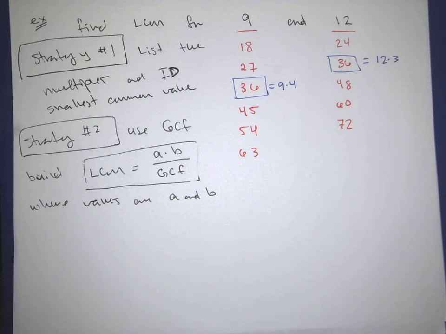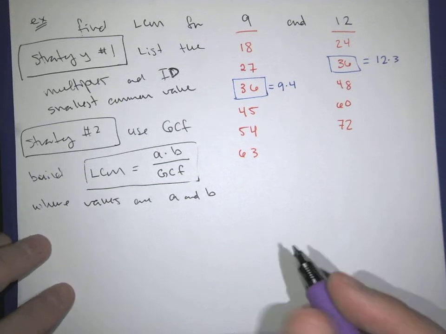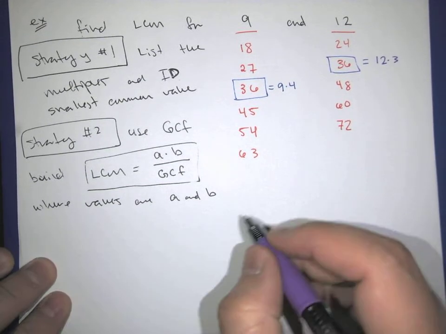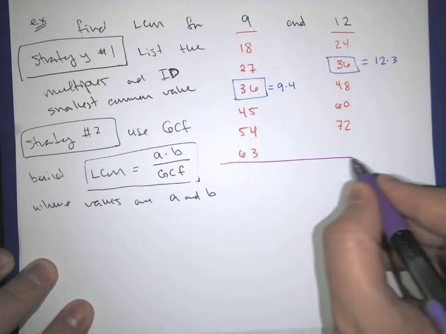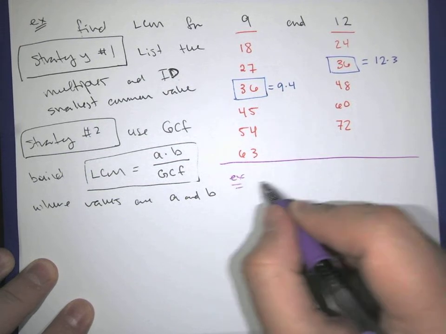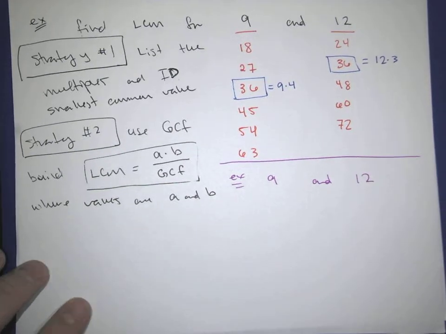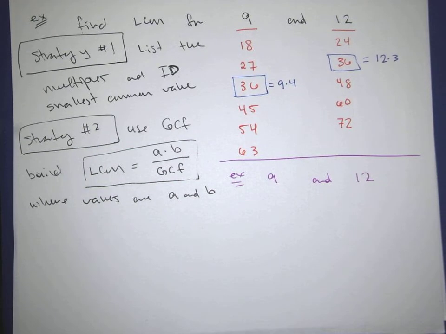Let's do, as an example, these same numbers. Let's do this version for 9 and 12 again. So we're going to do the same thing that we did a couple sections ago, which is find the GCF.